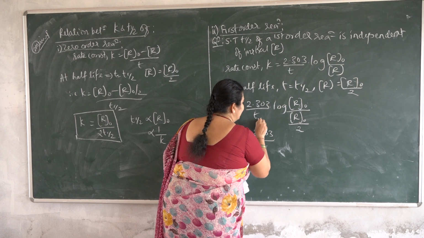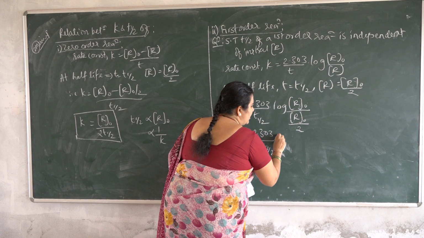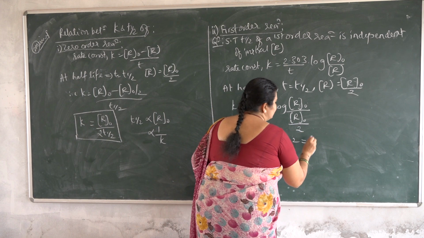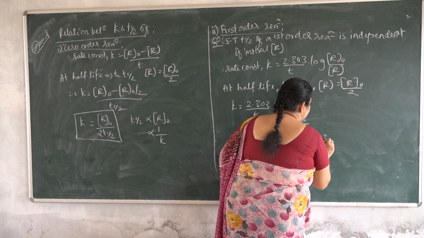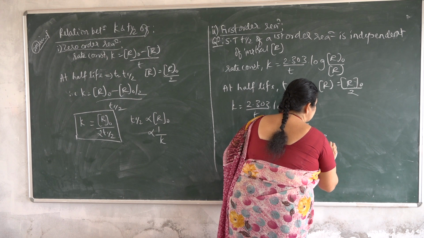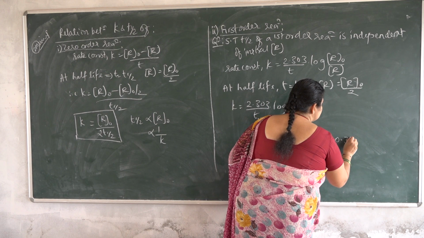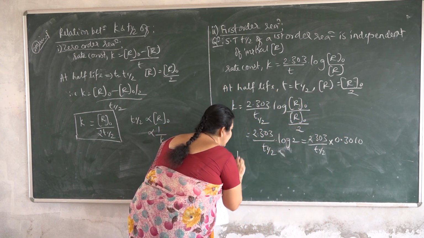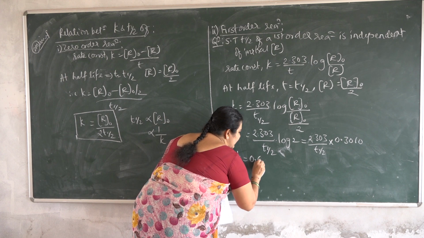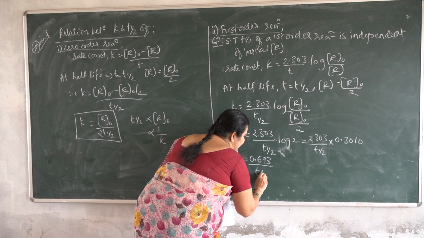so that K = 2.303/t half × log 2, and the value of log 2 is 0.3010. If you multiply the quantities, then K = 0.693/t half.